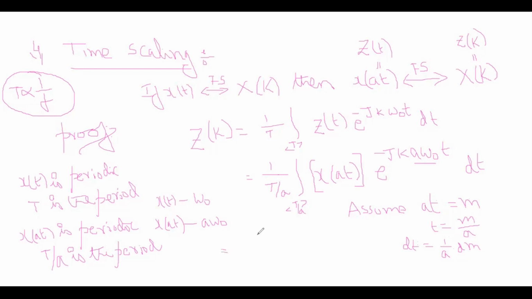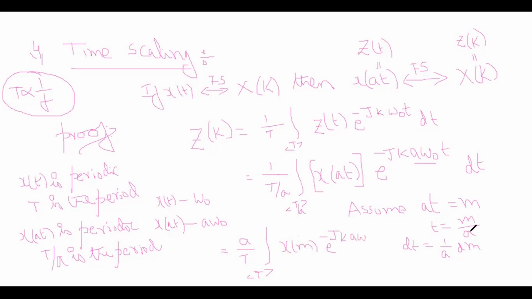That is equal to 1 by T by a, which means a goes in the numerator and T stays here. The integral limits remain minus infinity to infinity, so again the value is over the period T. X of m, since I assumed at is equal to m, e power minus j k a into omega naught.